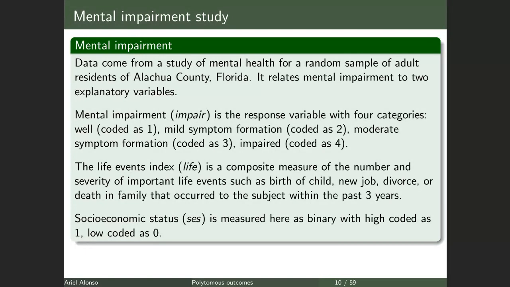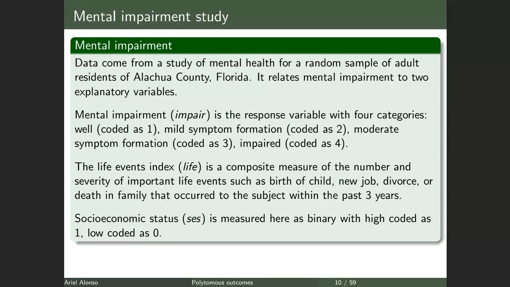And it's reasonable to say that the number of life events will have an impact on the mental status of a person. And the other covariate we want to assess is socioeconomic status. We are going to code this covariate as a binary covariate that takes value 1 or 0.